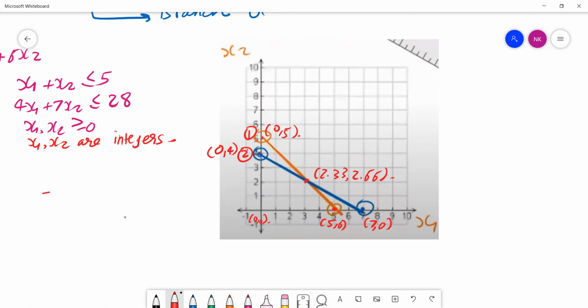So I can write 2.33 as 7 by 3 into 4 plus 2.66 is 8 by 3 into 7. So what will be the thing? 28 plus 56 by 3, 84 by 3.